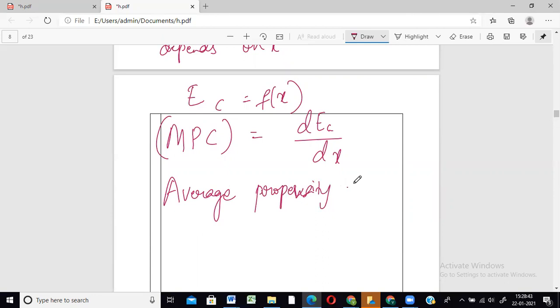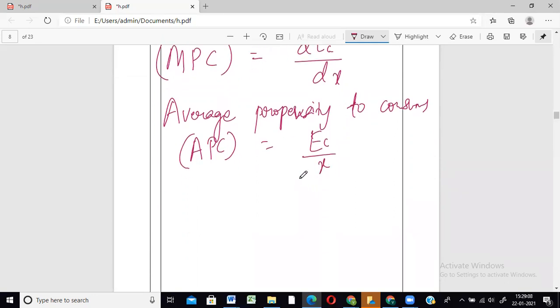You don't have to learn anything by heart if you have already done the formulas from the previous class. Just like average cost and average revenue, you have average propensity to consume, APC. That will be nothing but average, right? In average you always divide by the number of quantities. Usually in statistics, in average, you always divide by the number of observations, right? So here we are dividing it by the income. So average, and the next one is exactly opposite to this.